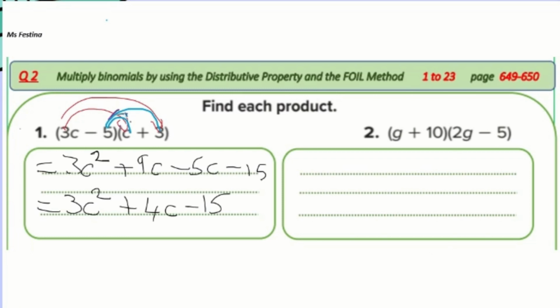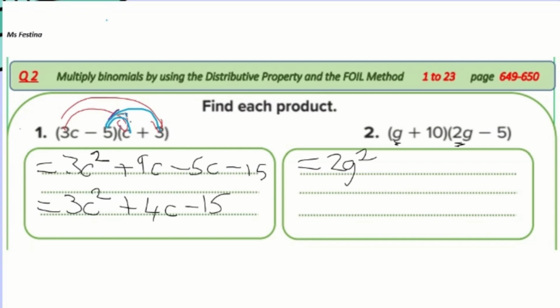Okay, so you do the same thing to number 2. This is what you will get. So you will get 2g squared, because you will multiply g by 2g to get that, and then you multiply g again by 5g.